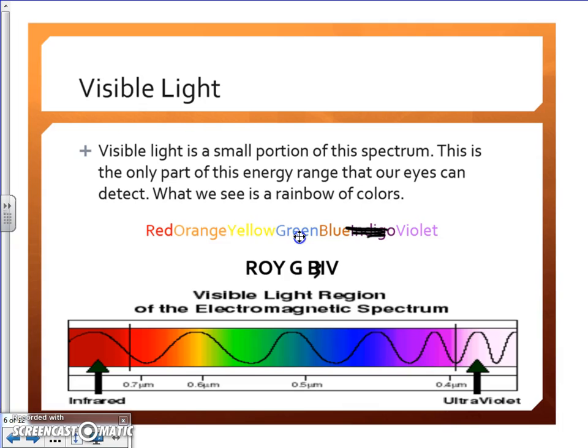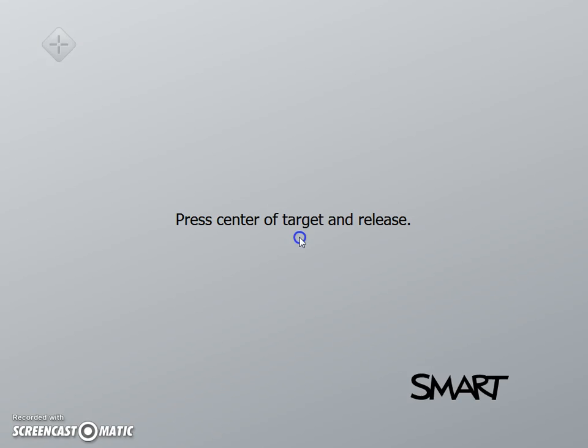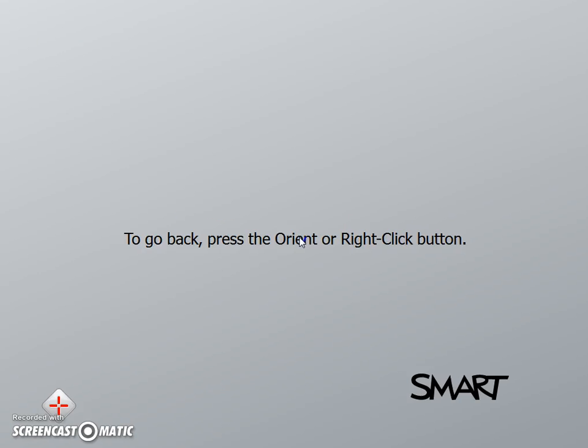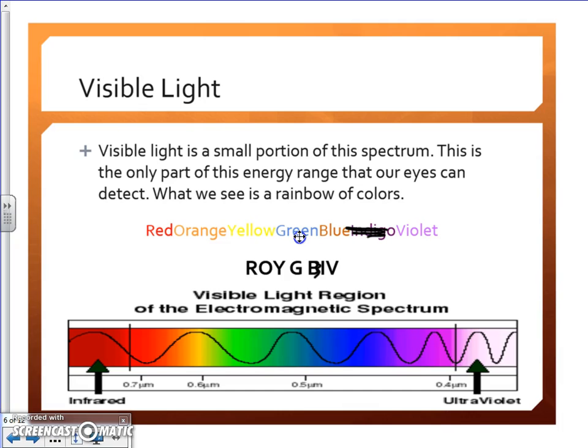I'm not sure what the reasoning was, but we now just go straight from blue to violet. So we now have 6 colors instead of 7. So it's just Roy G. Biv, or Biva.